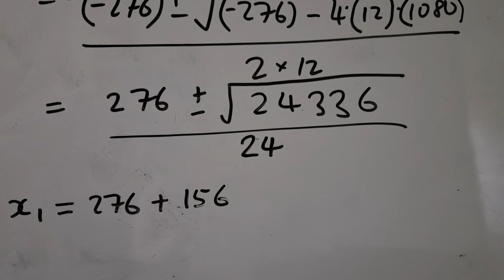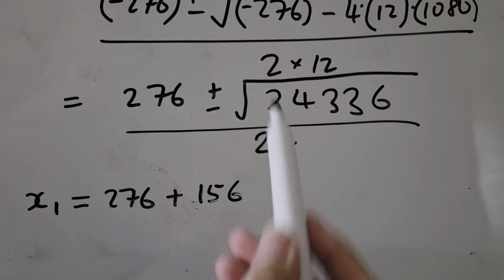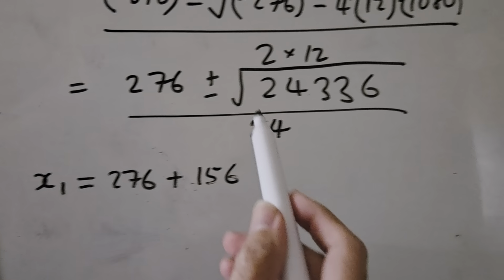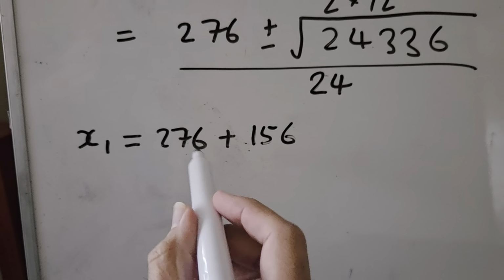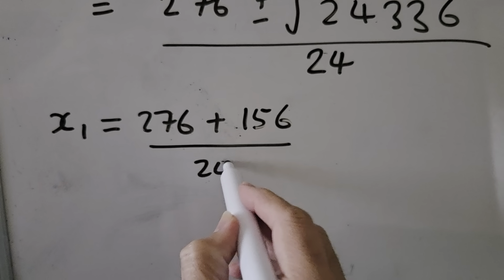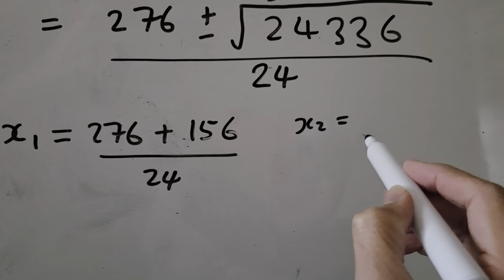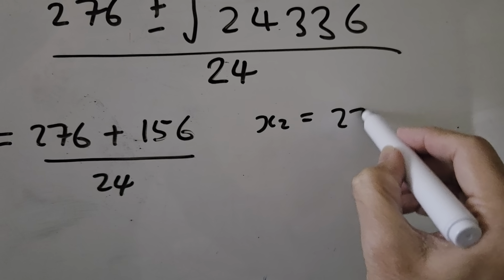This mistake over here shows how important it is to be consistent from one step to another. So the square root of that gives you 156, and that divided by 24. Your second x value, your x2, will be equal to 276.